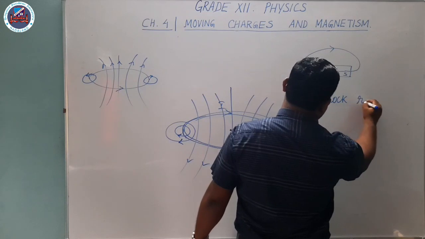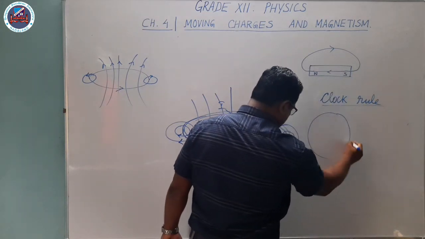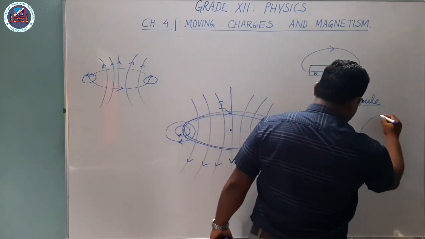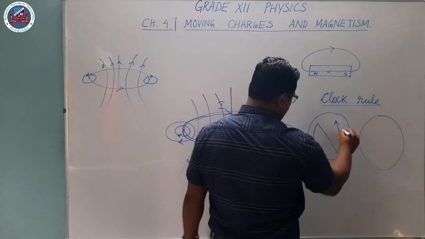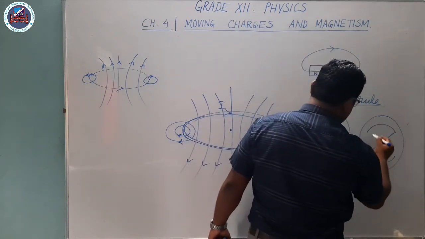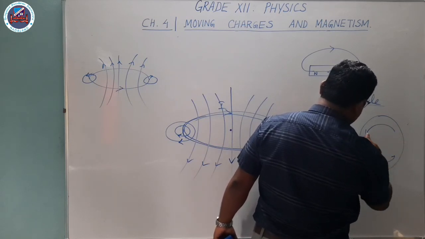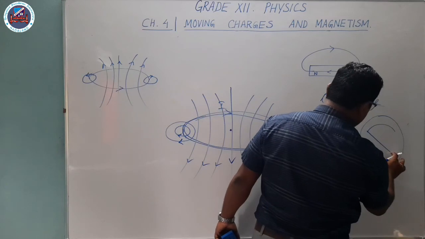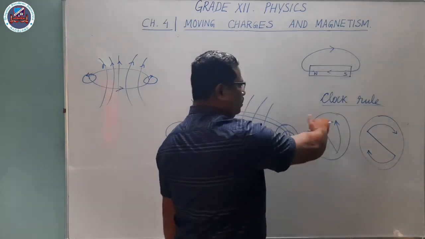It's very simple. You draw 2 circles like this, one where it should look like S and one where it should look like N.